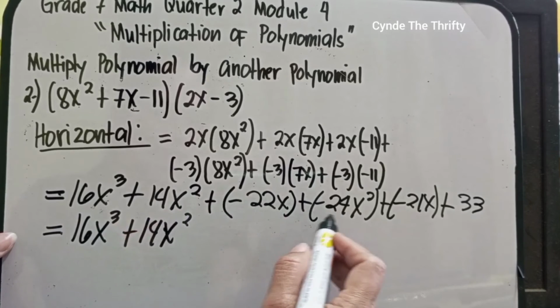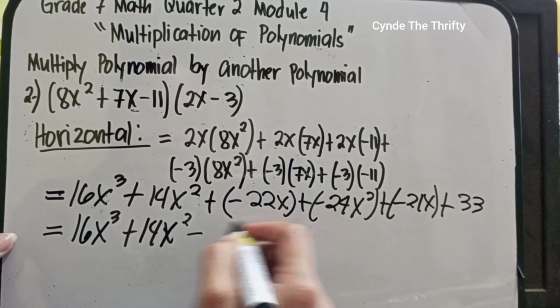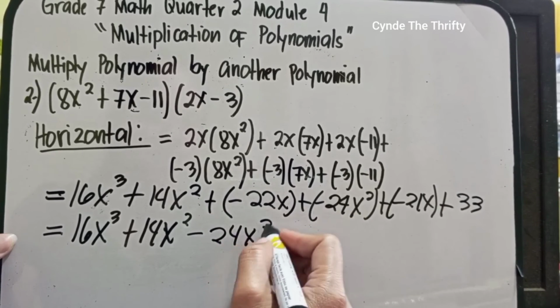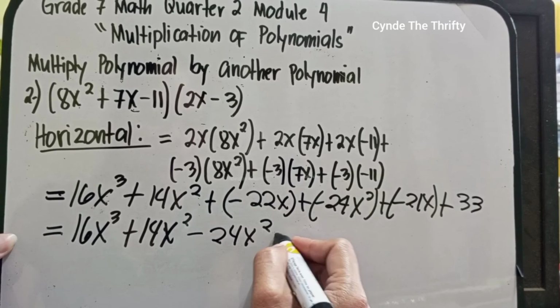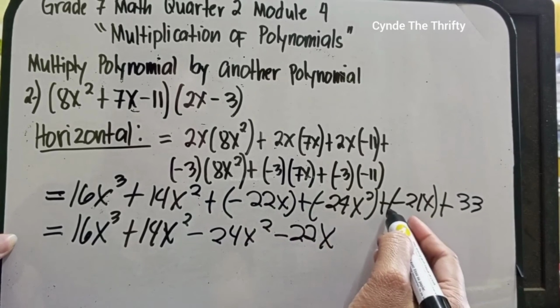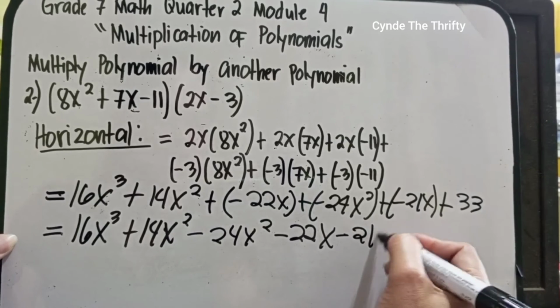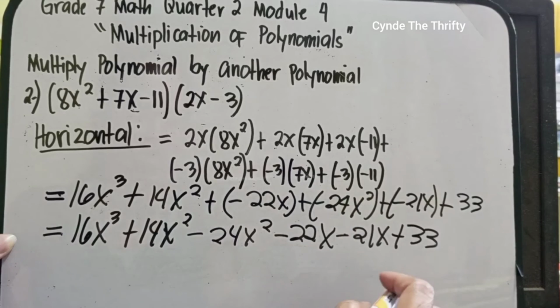So, si negative 24x. So, positive times negative, that is negative. Negative 24x squared. And then next is, negative 22x. And then negative 21x plus 33. So, ayan, naka-arrange na siya in a standard form.